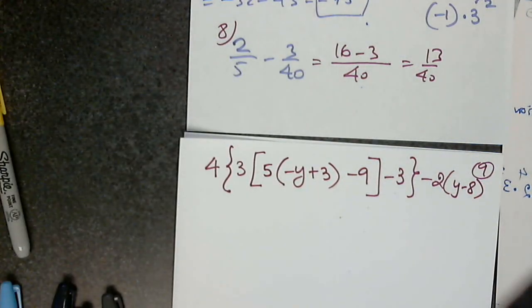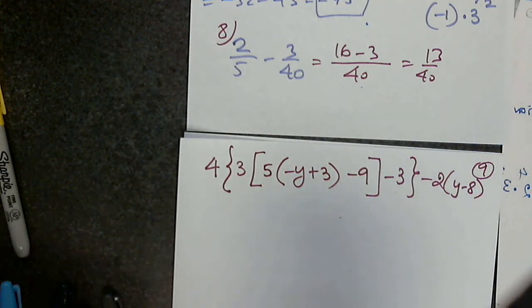I highly recommend when you get something like this, rewrite it in your own handwriting. Because it's kind of difficult to look at it and say, oh, I know what I have to do. So now it's very clear. Once I have it up here, it's very clear where I have to start. I have to eliminate this, and I have to eliminate this. That's my starting point.